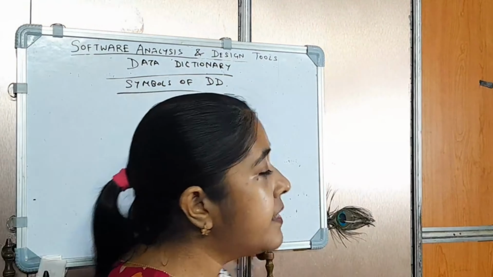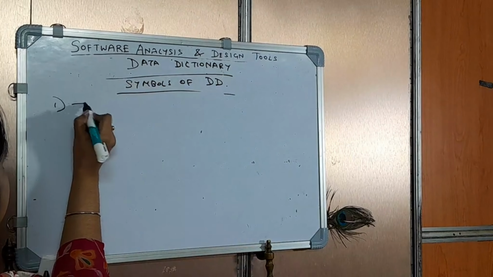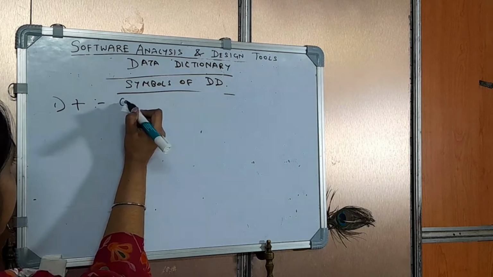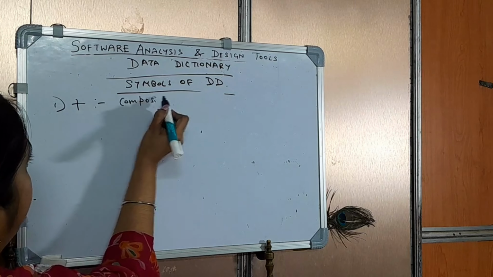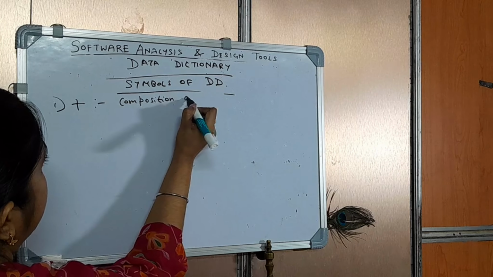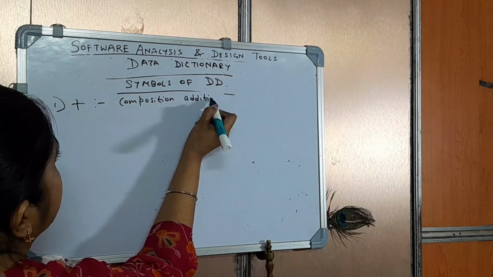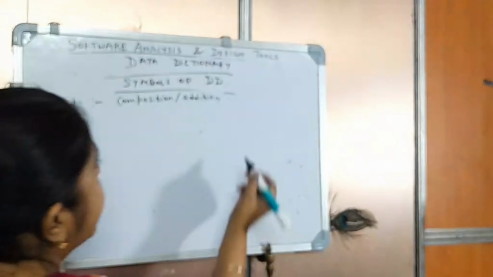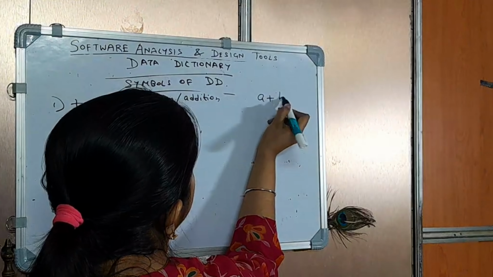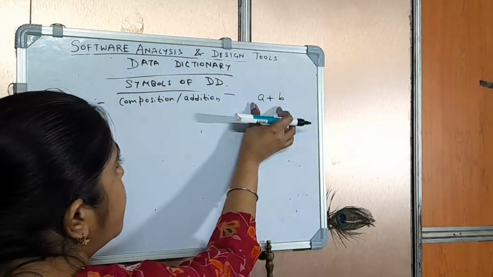So the first symbol is plus. Plus is composition or addition. Addition means when we are adding data, suppose A plus B. These are my two processes.